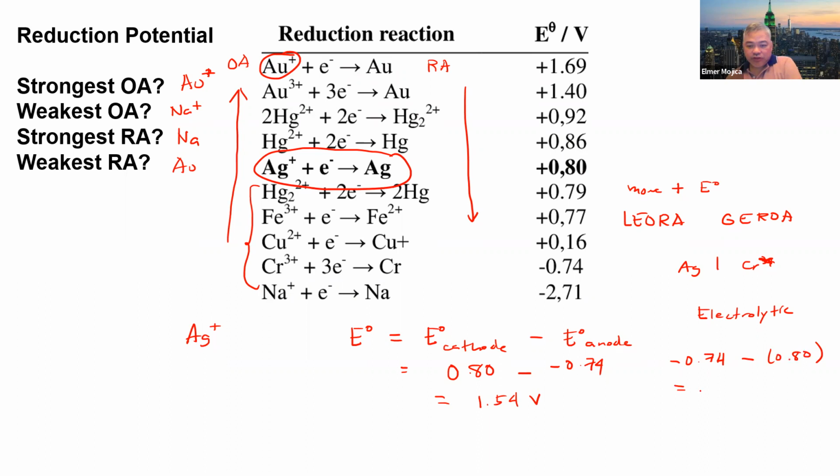What you're going to get here is a negative value. A cell potential that is positive is a voltaic cell, and it's a spontaneous reaction. A cell potential that is negative is an electrolytic cell, and it is non-spontaneous. You need energy to make the reaction happen.